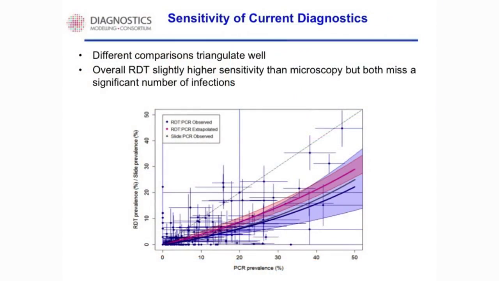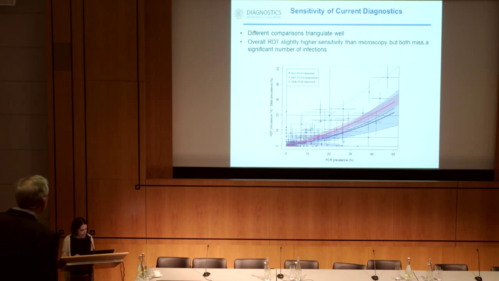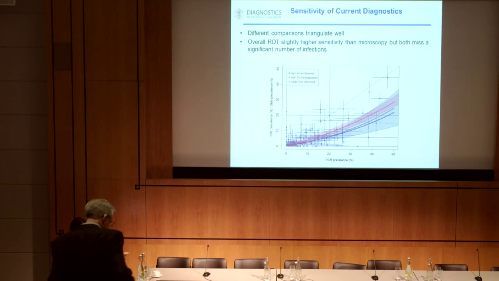So then we pulled those two things together and said, is this all consistent? If we've compared microscopy and PCR, and we've compared RDTs and PCR, does this all fit together? And actually, they all triangulated quite well. So this is showing the different relationships.